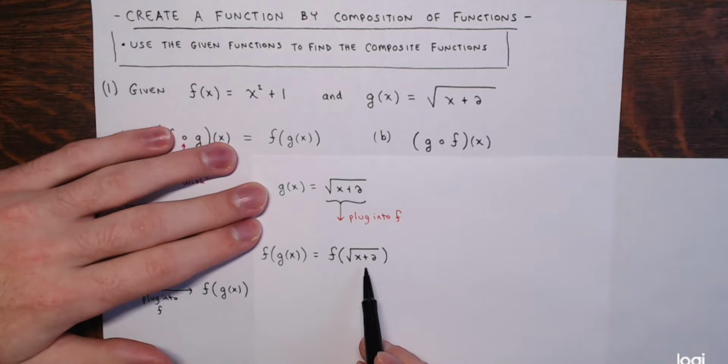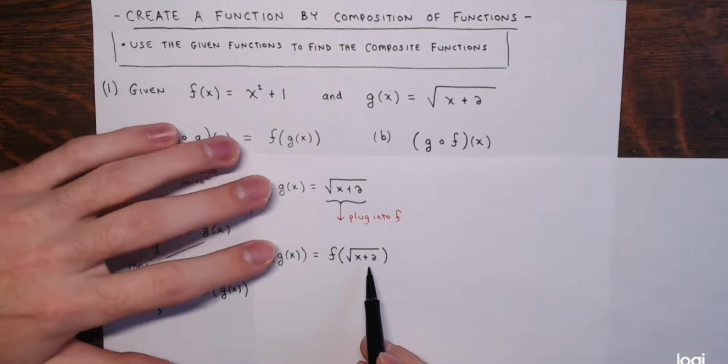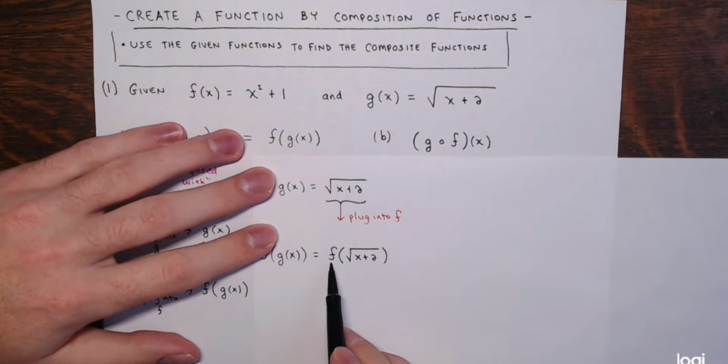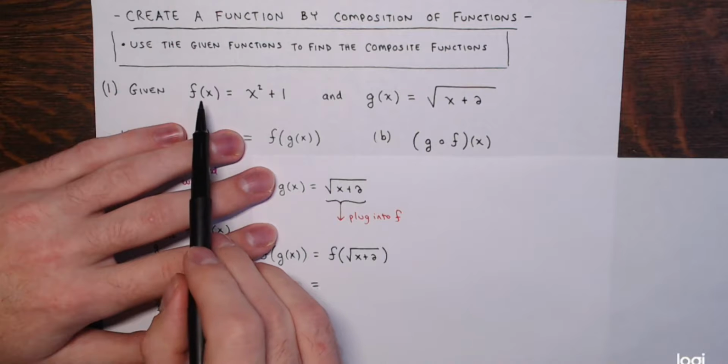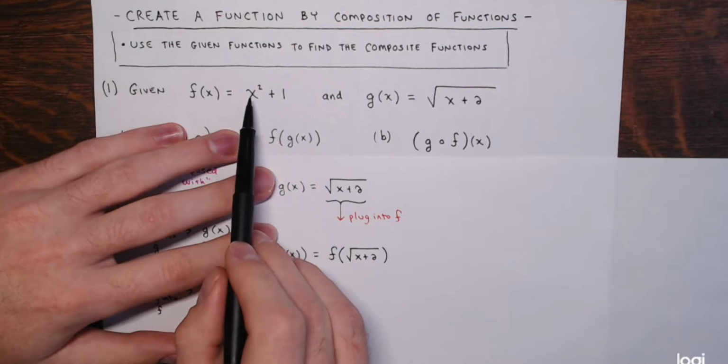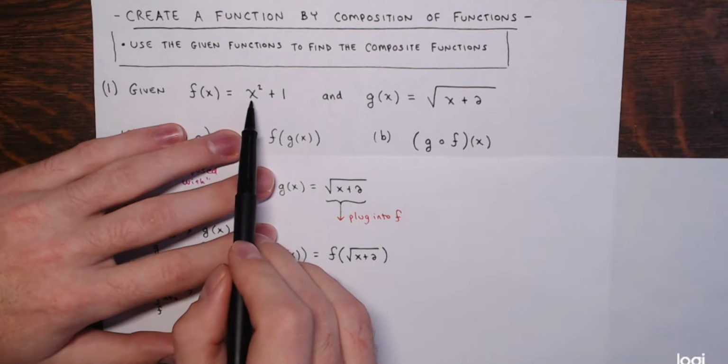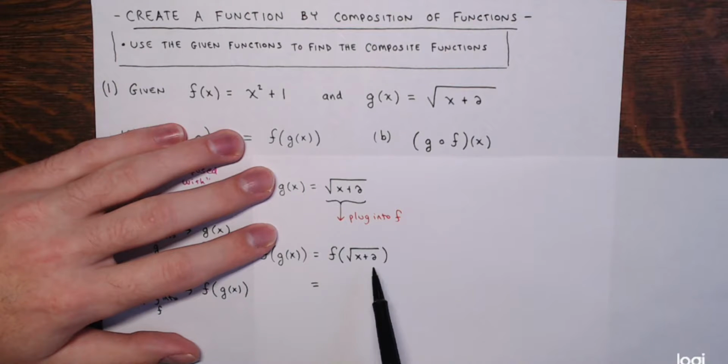And then remember how function notation works. This means I go to function f and replace all the inputs. I replace all the x's with this square root of x plus 2. So remember, f of x was x squared plus 1. Well, instead of x, I'm replacing the x's with this square root of x plus 2.